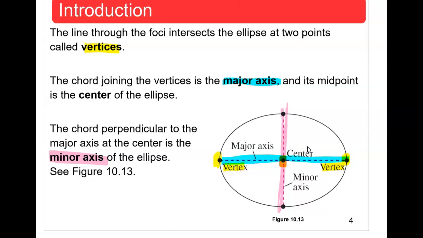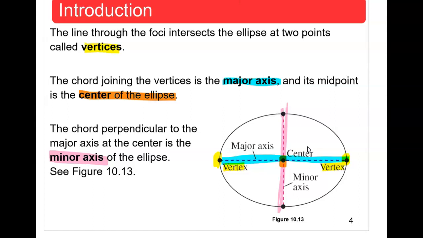So going back, let me highlight center. The first line of the slide says that the line through the foci intersects the ellipse at 2 points, and they're called the vertices.